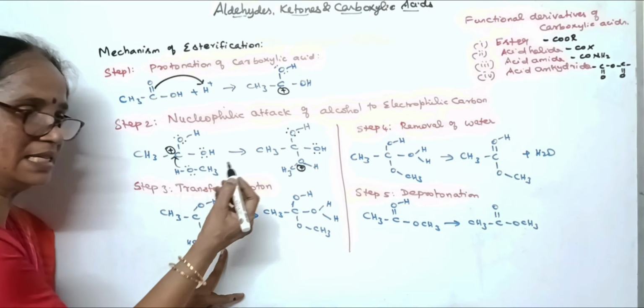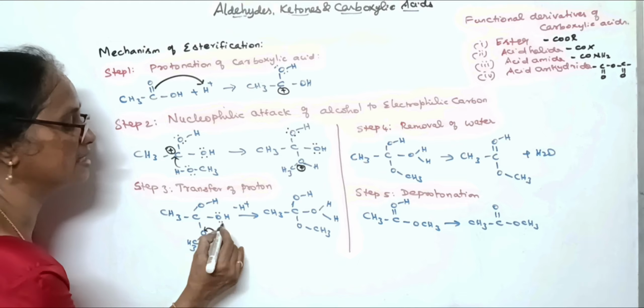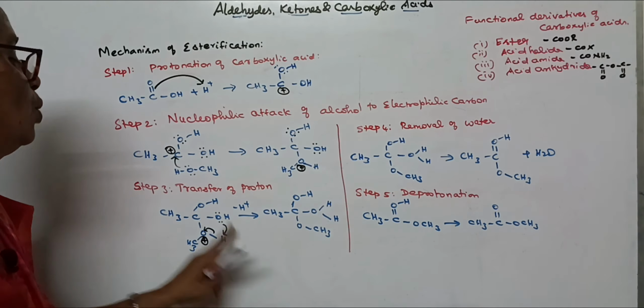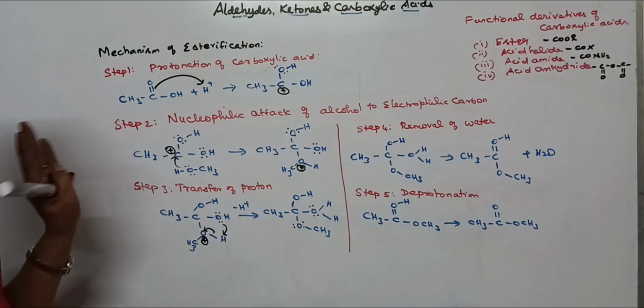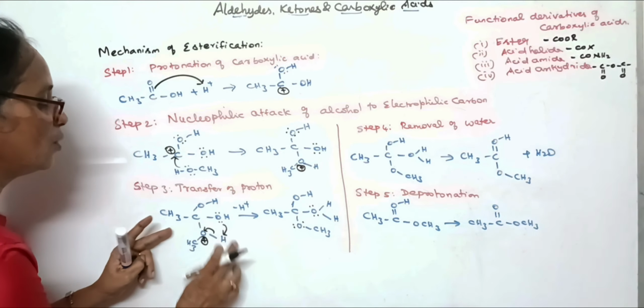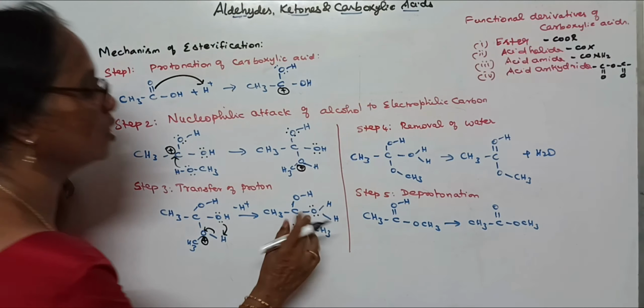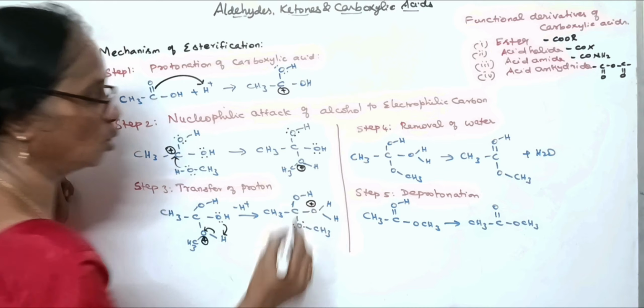So here hydrogen develops a positive charge, and this positively charged hydrogen is attracted by the adjacent OH group, and hence we are getting this type of protonated compound. So here the proton is transferred from the CH3OH group to the adjacent OH group. So now this OH group develops a positive charge.